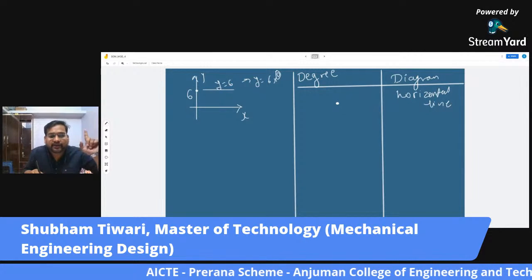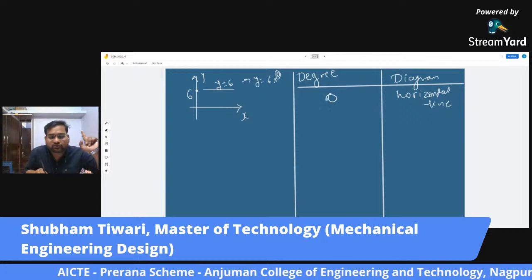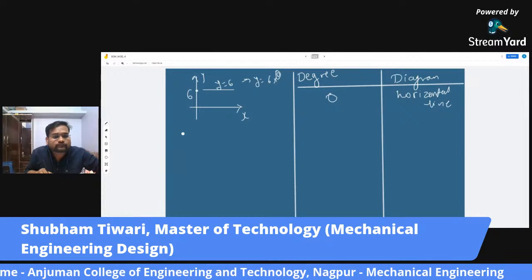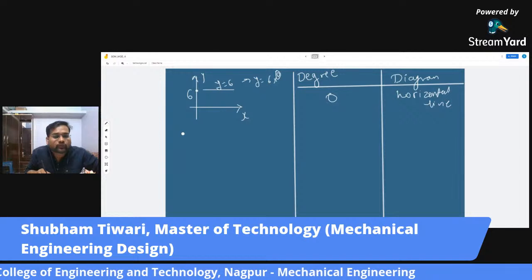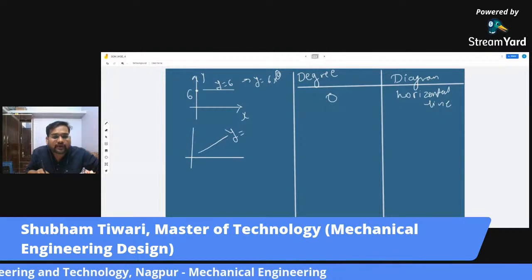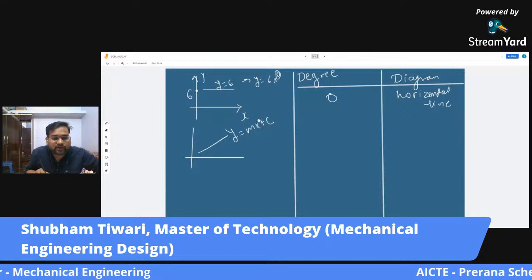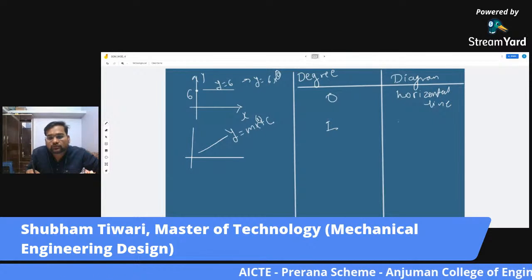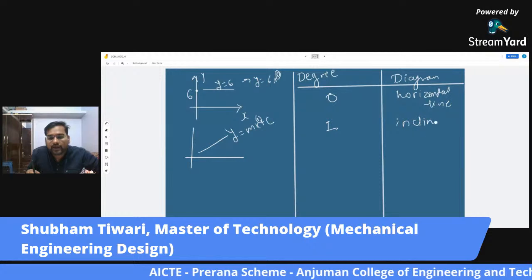Horizontal line has degree 0, as I told you. For an inclined line, the equation is y equals mx plus c, and the degree of x is 1. So the degree of this line is 1, inclined line.